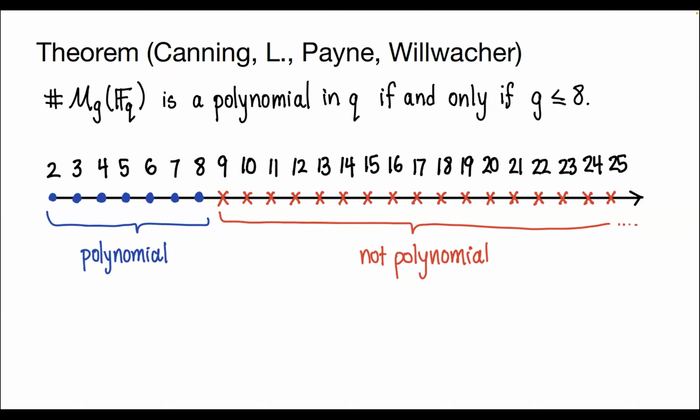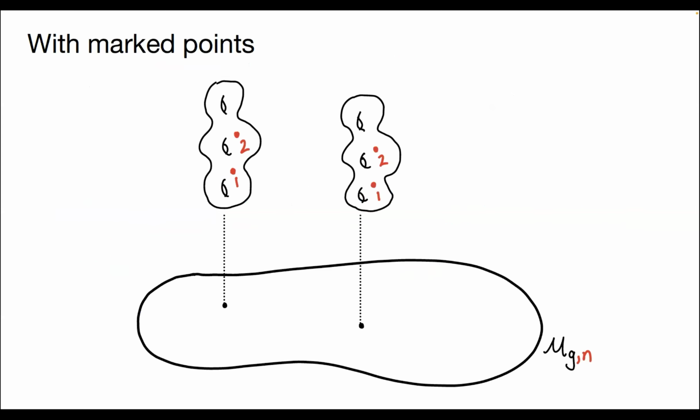So in order to give you a little more context for where this cutoff between 8 and 9 comes from, and also to introduce some of the key characters in this story, I also want to address this question of when is the point count polynomial for moduli spaces of curves with marked points. So now M_{g,n} is the moduli space of smooth genus g curves with a choice of n marked points on it.